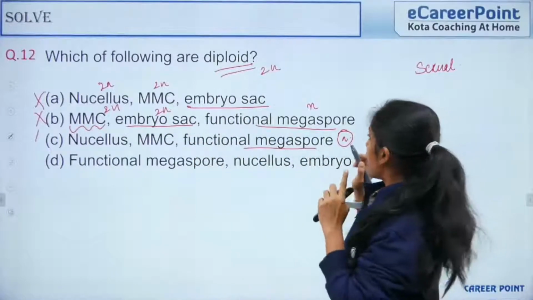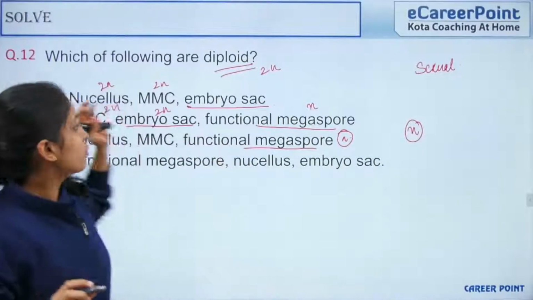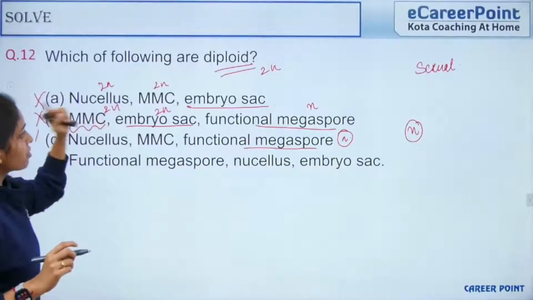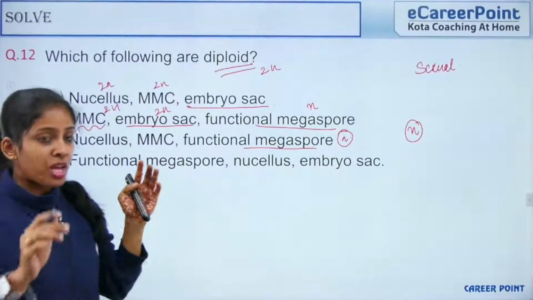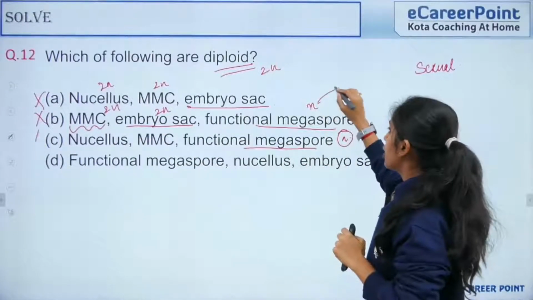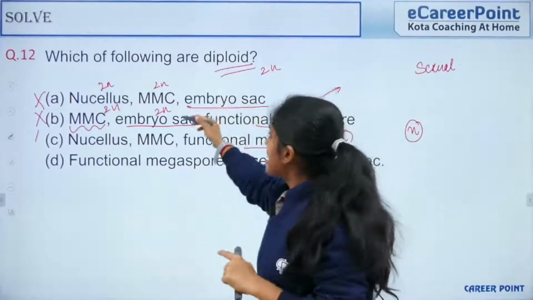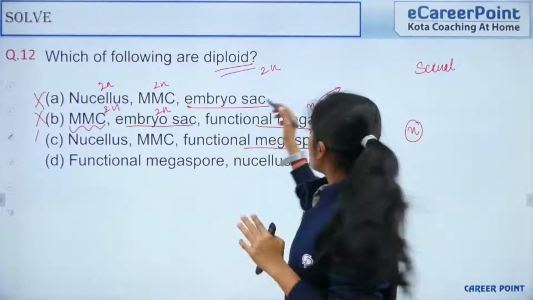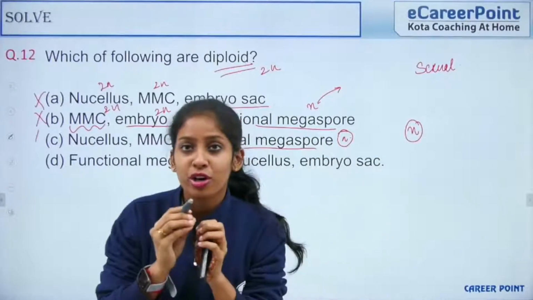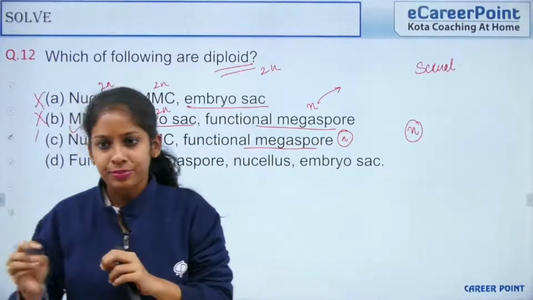Functional megaspore has the haploid material which undergoes mitotic division to form the embryo sac, right? So when I say the embryo sac is diploid, this can also be. The functional megaspore is that one functional one which grows to form your embryo sac, all right?